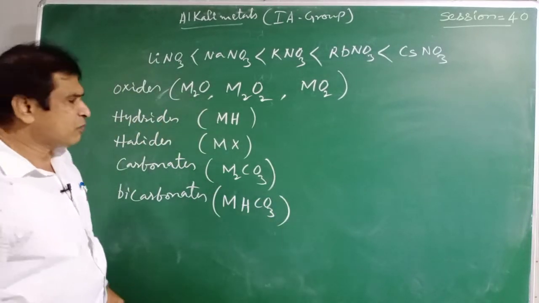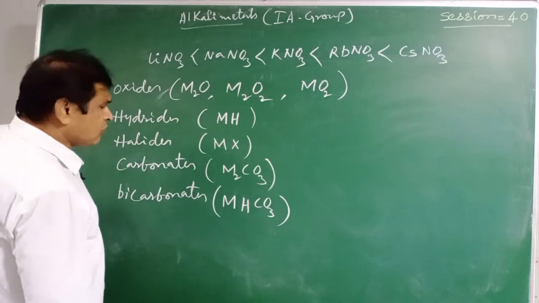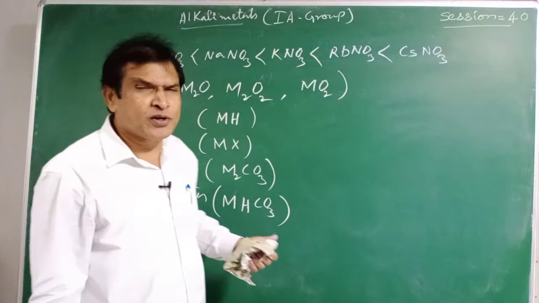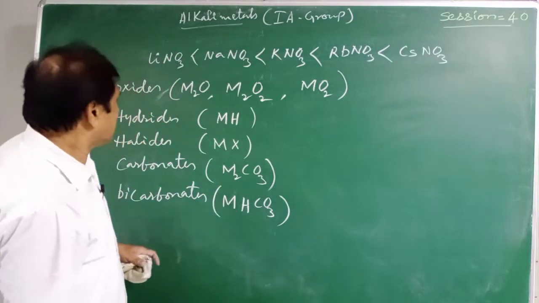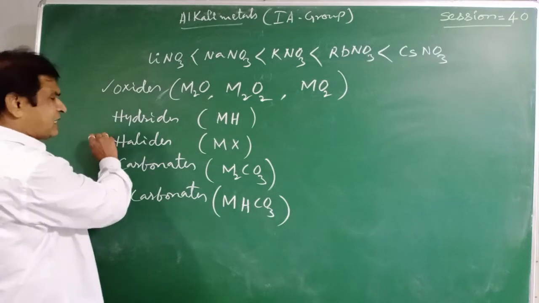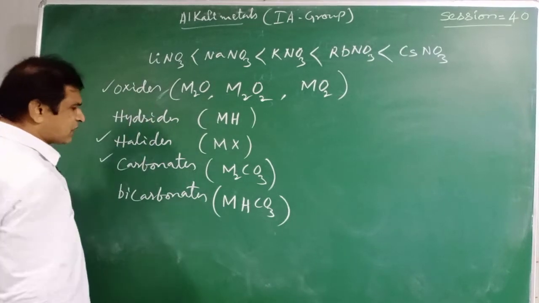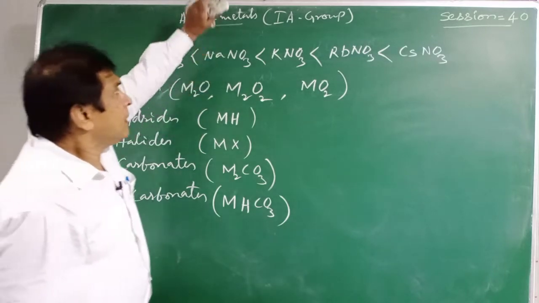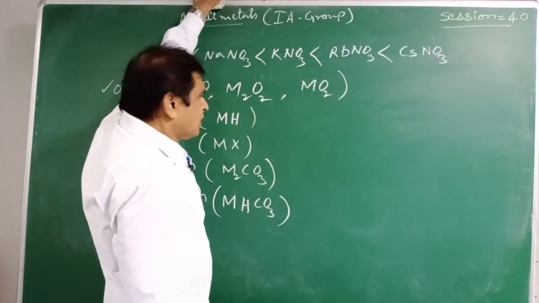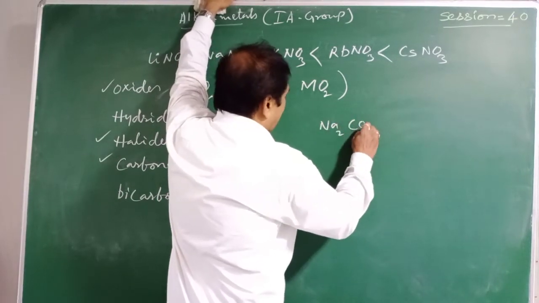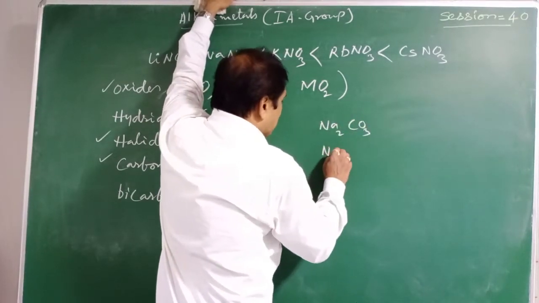And we can also explain sulfates, nitrates also we can consider. But the important ones are oxides, halides are very important, carbonates are important, bicarbonates. Another important point is how we can distinguish sodium bicarbonate and sodium carbonate.